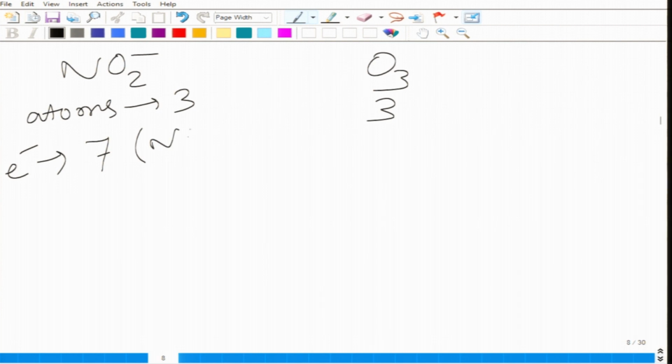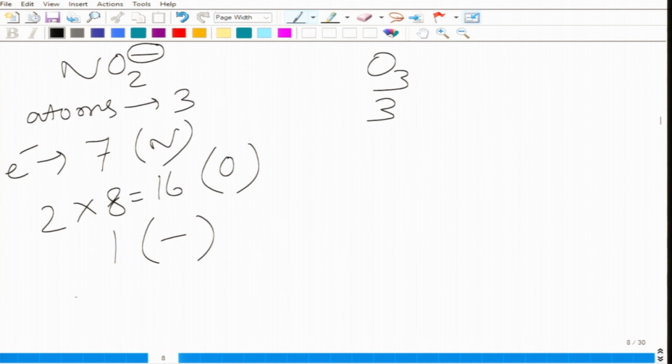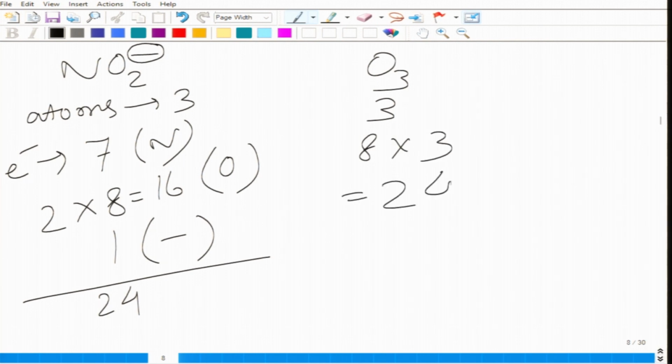There are 2 oxygens, so 2 into 8, 16 electrons from oxygen, and 1 extra electron from the negative charge. That makes 24 electrons. For ozone, there are 3 oxygens, so 8 into 3, that is 24 electrons. So they are isosters.